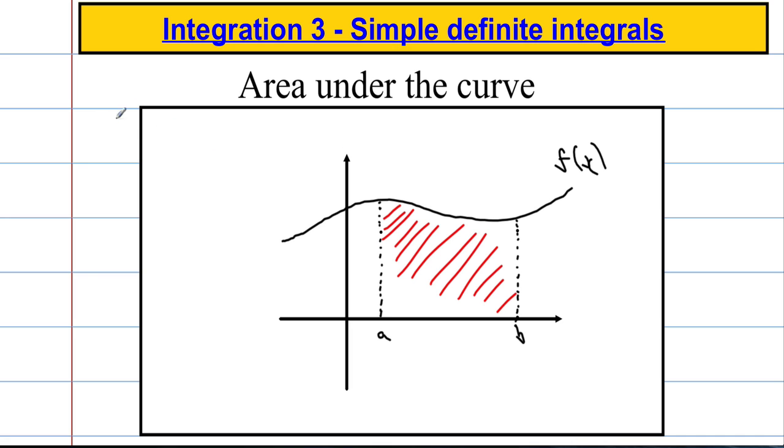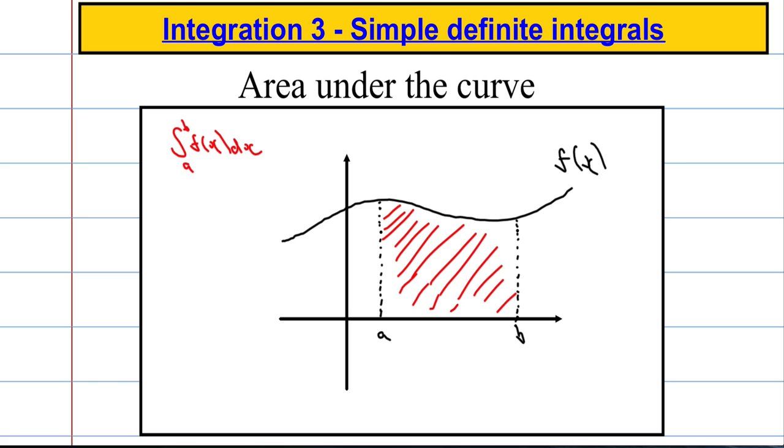what we can do is work out the integral of f of x with respect to x between b and a. So if we integrate the function with respect to x and evaluate it between the values b and a, that will tell me the area trapped beneath the curve.